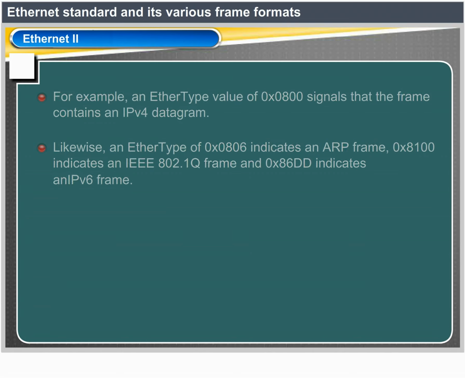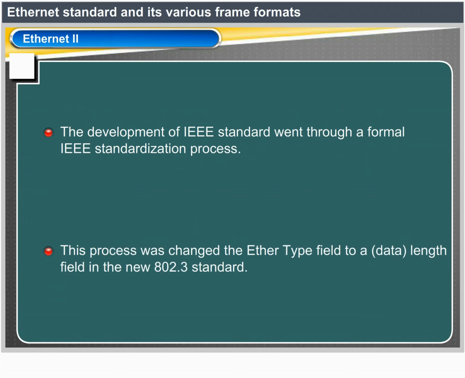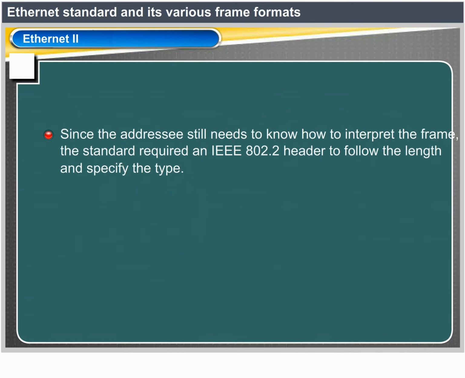The development of the IEEE standard went through a formal IEEE standardization process. This process changed the EtherType field to a data length field in the new 802.3 standard. Since the recipient still needs to know how to interpret the frame, the standard required an IEEE 802.2 header to follow the length and specify the type.